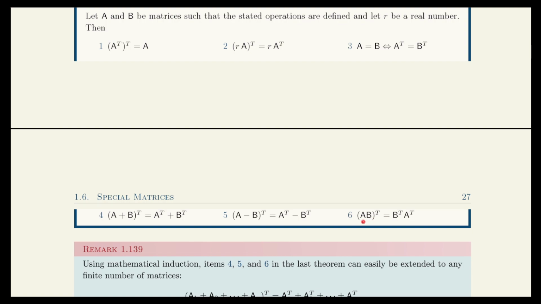It means that if you want to transpose a product, you can transpose them individually, but you have to be careful, and multiply them in the reversed order. So if this is AB transpose, you are not allowed to write in general A transpose B transpose. You have to write B transpose A transpose. Yes?